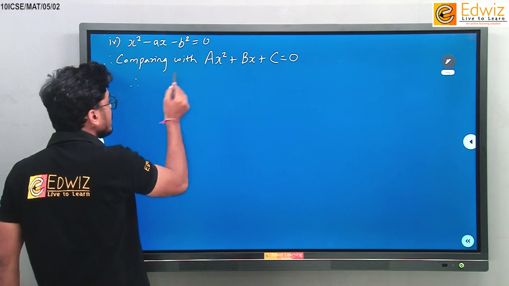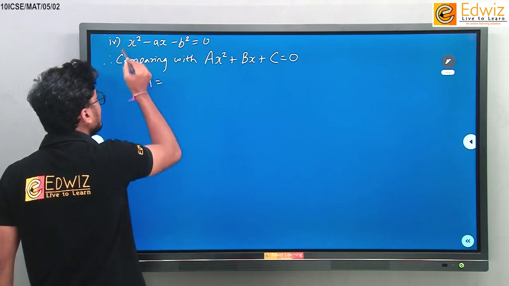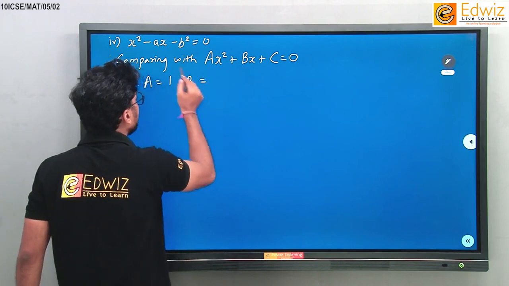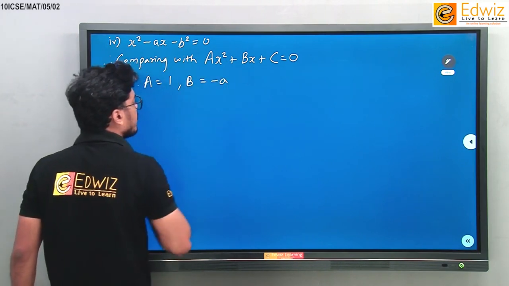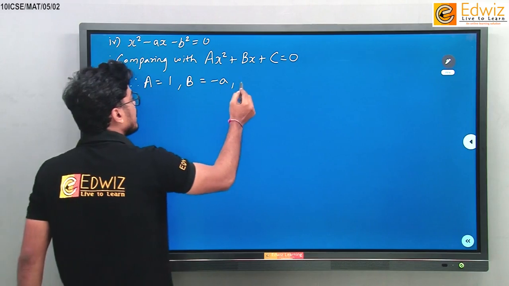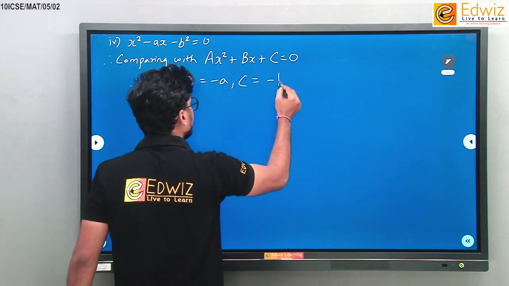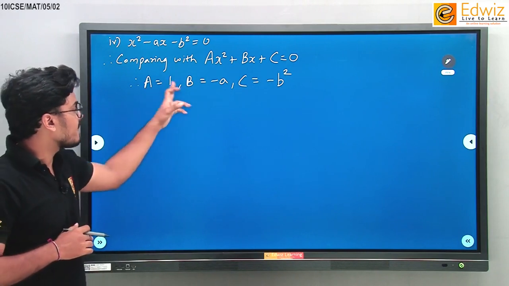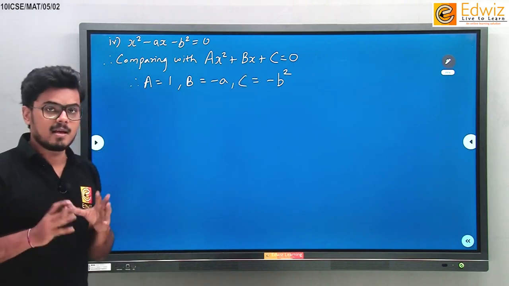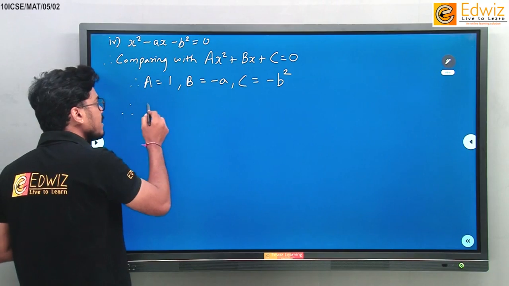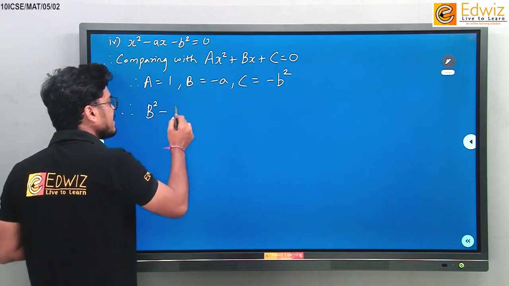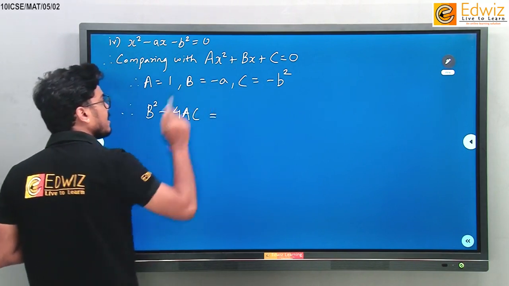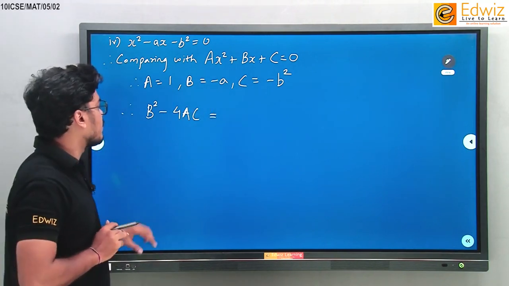So therefore capital A is equal to 1 clearly. Capital B is equal to minus a. Okay, x ka coefficient. Capital C equal to minus b square. Correct? So these are the values of capital A, capital B and capital C. Now the discriminant here will be capital B square minus 4 into capital A and capital C. Because I have used capital letters, this is the formula.